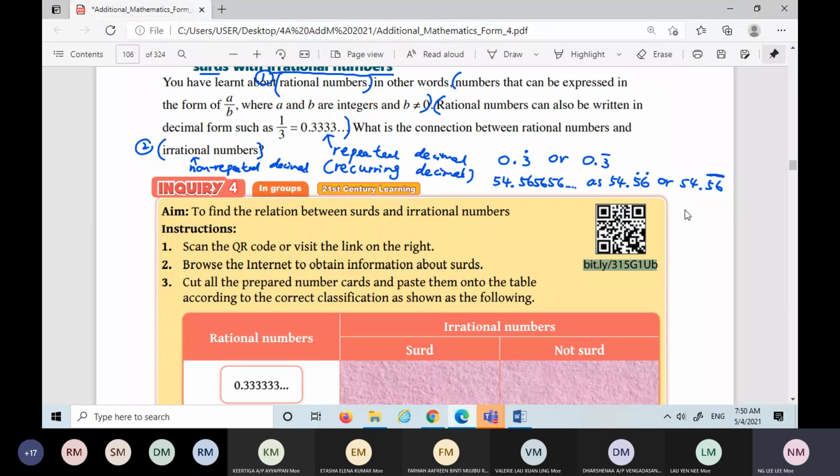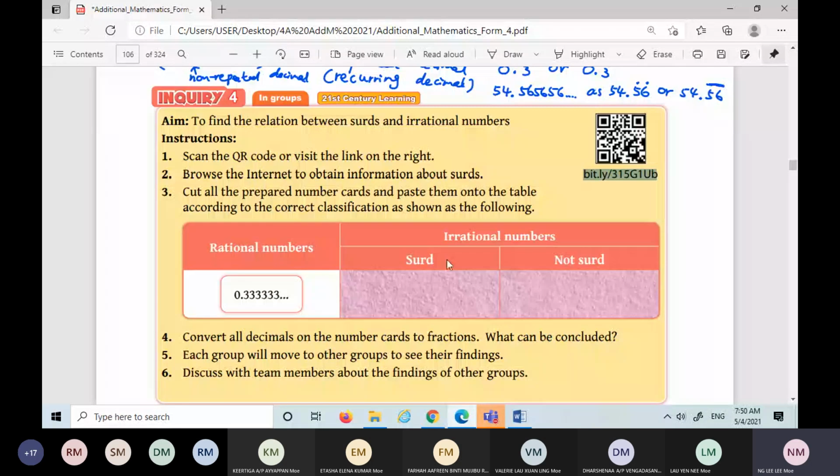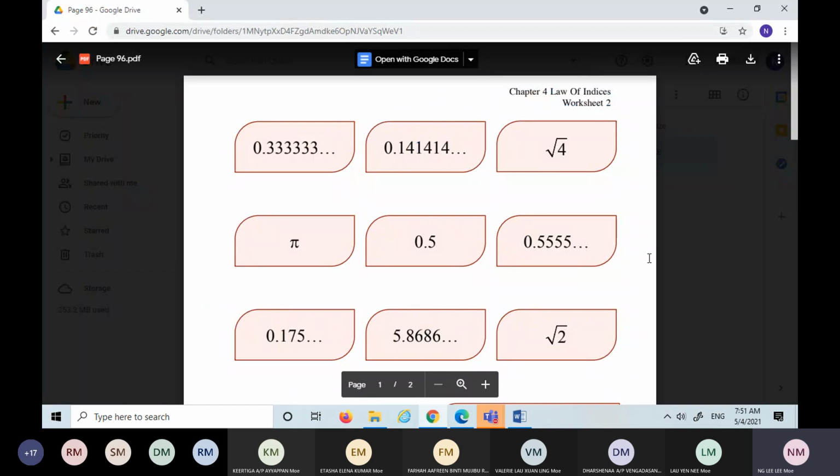After that we will do it together. We will see which one is a rational number and which one is an irrational number. If it is an irrational number, then we again classify whether this irrational number is a surd or not a surd. Okay, let us try this.